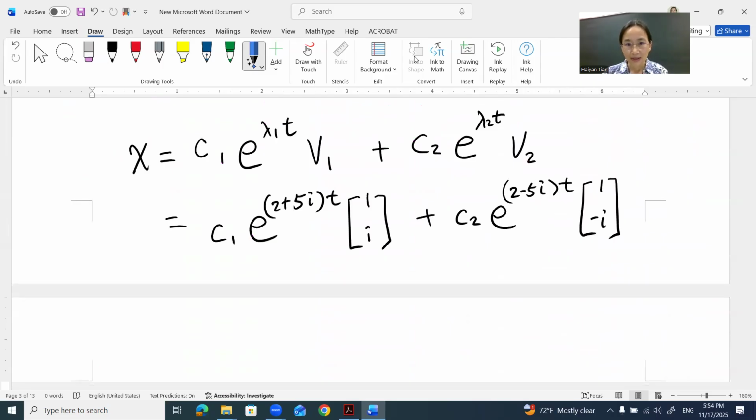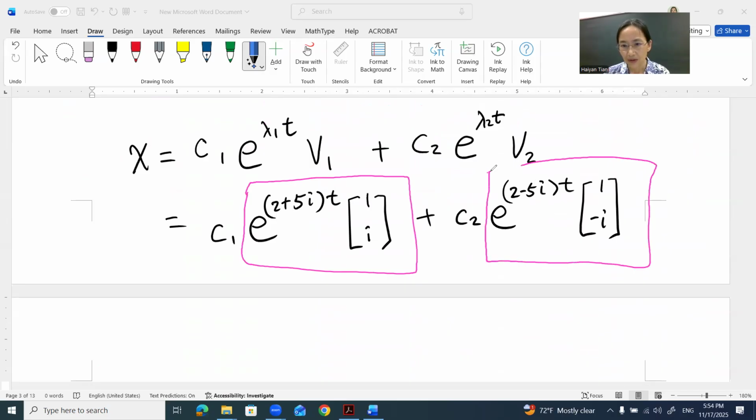We do have two independent solutions, although they are complex valued, and they generate a general solution. But can we possibly give two real valued solutions and use them to represent the general solution?